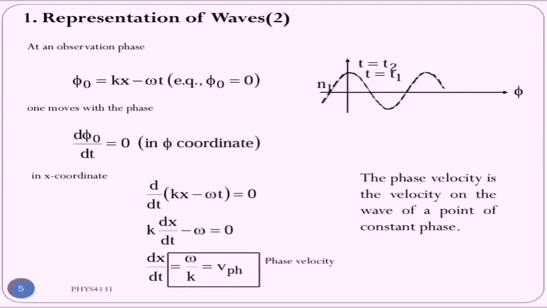But to find the phase velocity, we should recall its definition, which is the velocity on the wave of a point of constant phase. If we have an observation phase, then phi naught is equal to kx minus omega t.